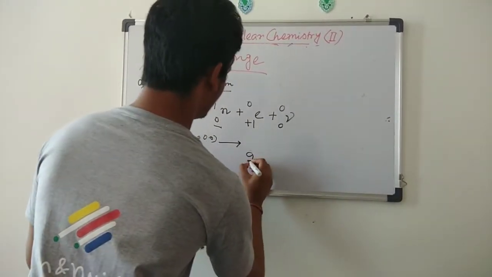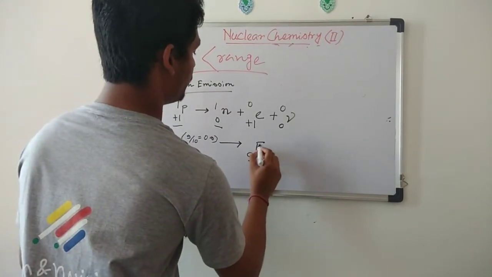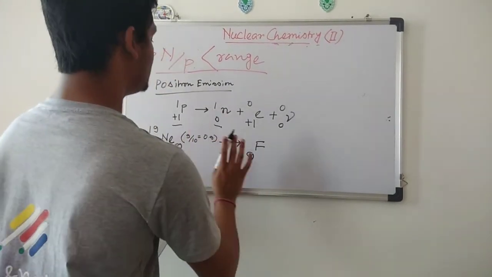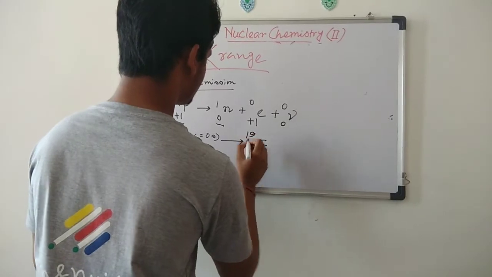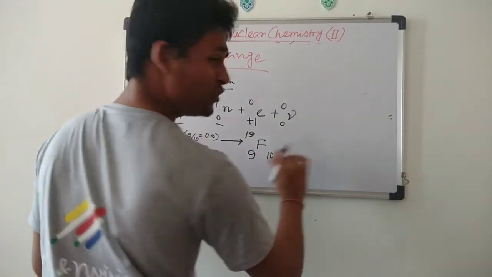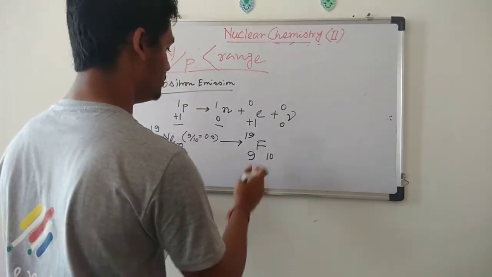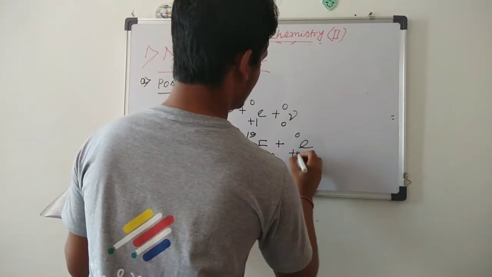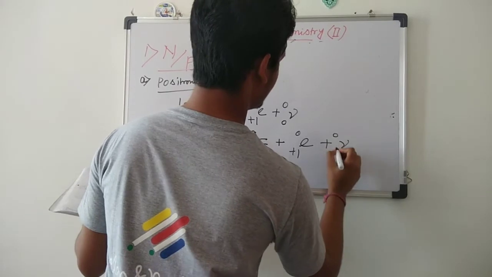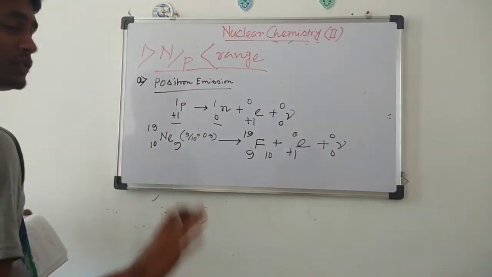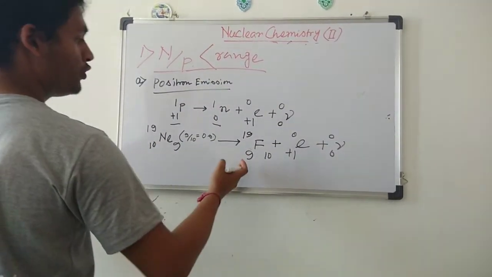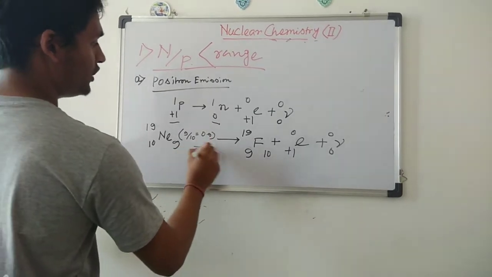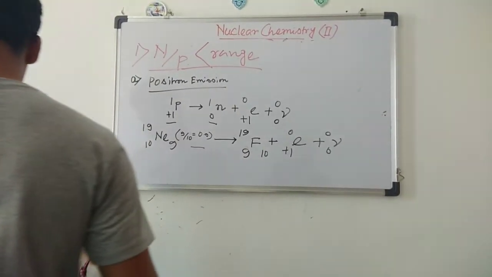So that will be 9. So 9 means the atom is fluorine. Now mass is the same, so mass will be 19. That is 10 neutrons. N by P ratio obviously increases because it is 10 by 9, and one positron particle and the neutrino. So this is the example. You just go by your own. What is the N by P ratio? It is 0.9 earlier, and it has increased obviously. So this is the thing.